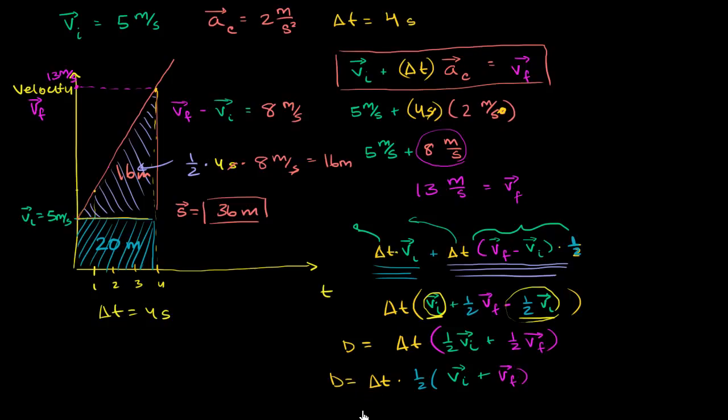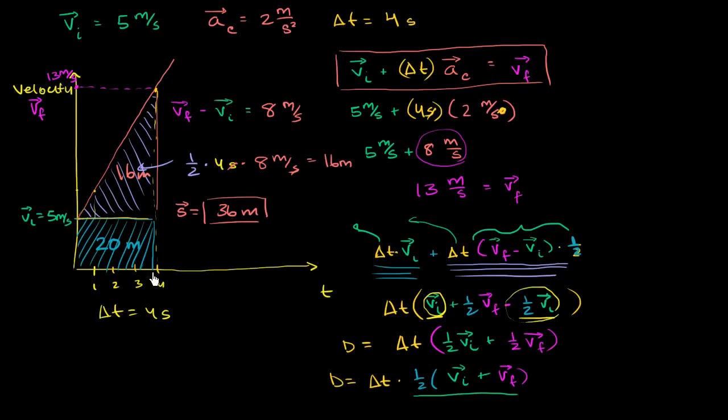The distance we traveled is equal to 1/2 of the initial velocity plus the final velocity, times the change in time. If you just took this quantity right over here, it's the arithmetic mean of these two numbers. I always have trouble saying that word.